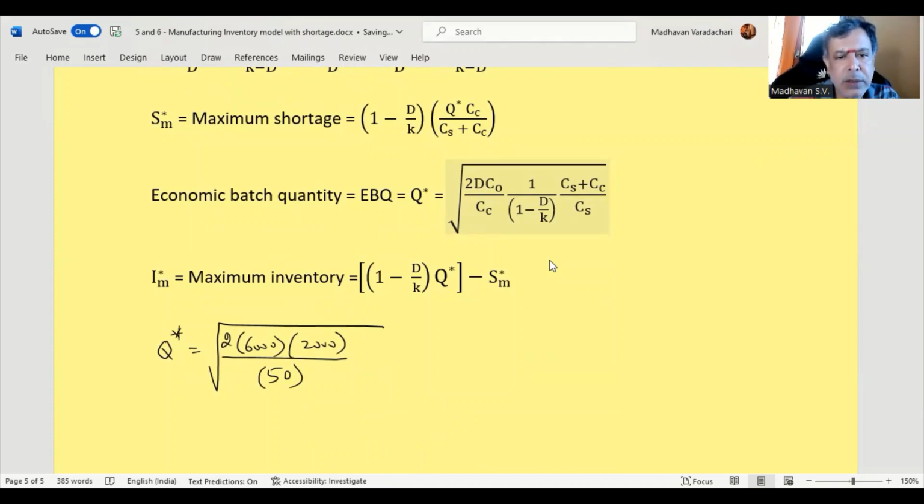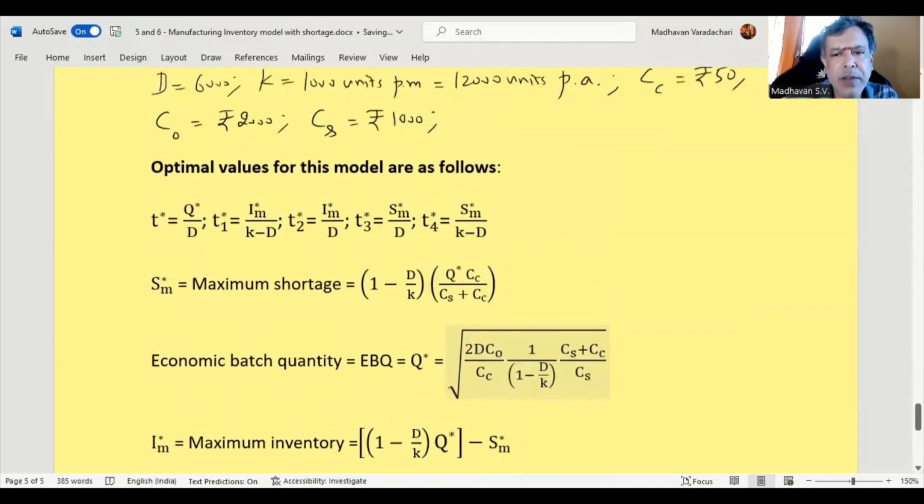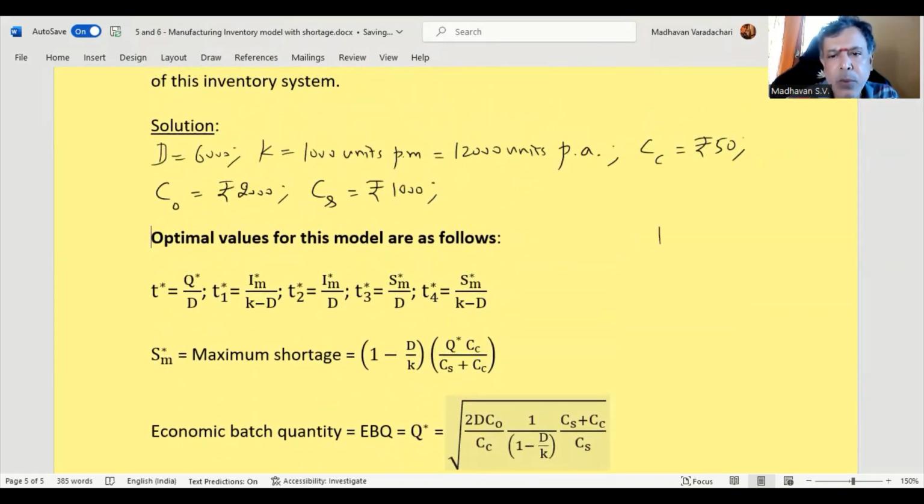And then we have 1 divided by 1 minus D by K; I think we can evaluate this separately. 1 minus D by K will be 1 minus 6,000 divided by K, converted K will be 12,000, which is actually 1 minus 1 by 2, which will become 1 by 2 only.